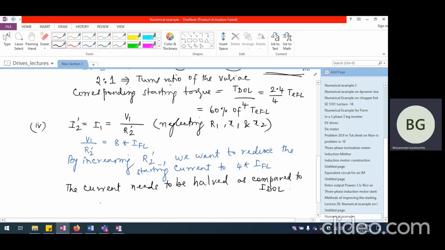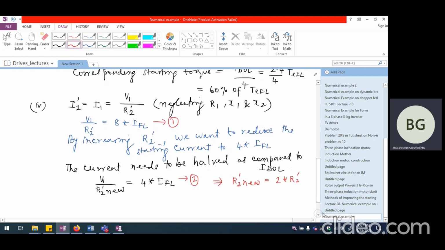That means we have V1 divided by R2 dash new, which has to be equal to 4 times I full load. So if I compare equation 1 and equation 2, I should be able to say that R2 dash new has to be 2 times R2 dash. So we have to double the rotor resistance.